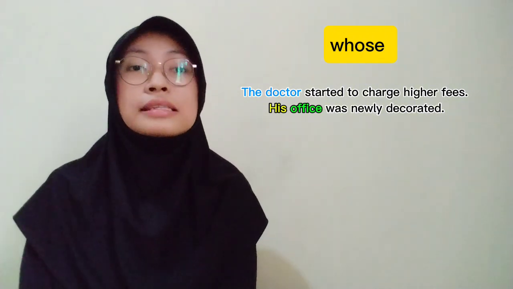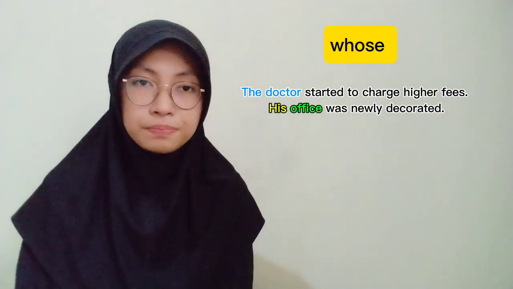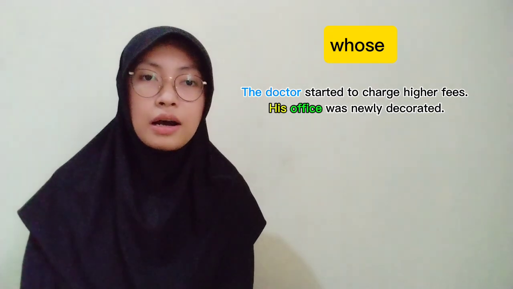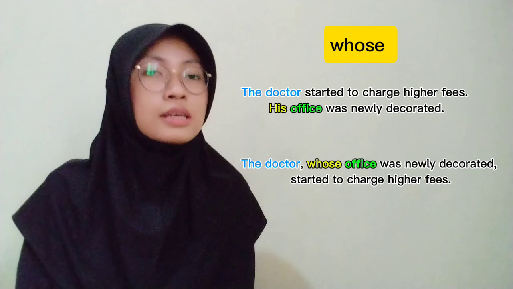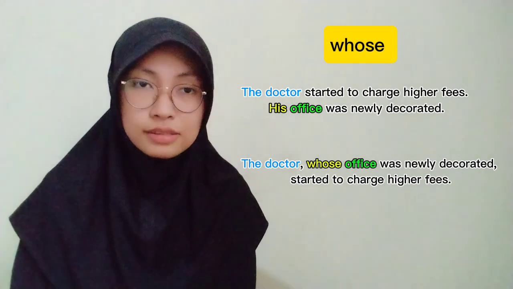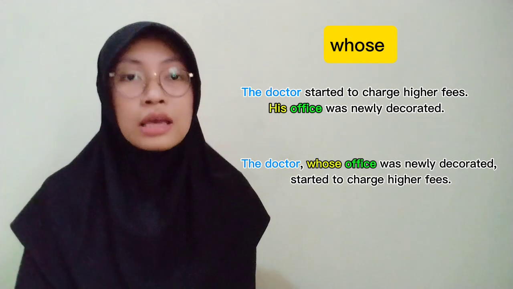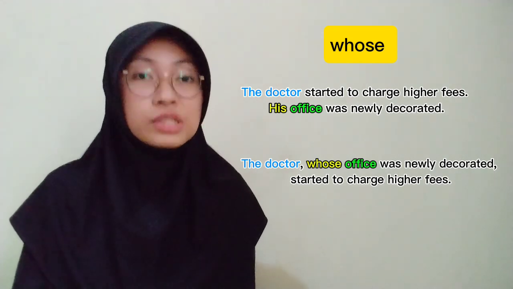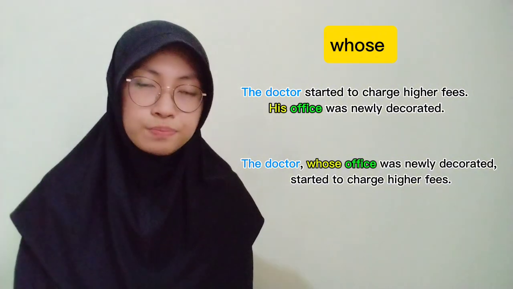Let's combine these sentences by using the relative pronoun whose. So they become, the doctor, whose office was newly decorated, started to charge higher fees. The relative pronoun whose is used to show possession and is typically followed by a noun.